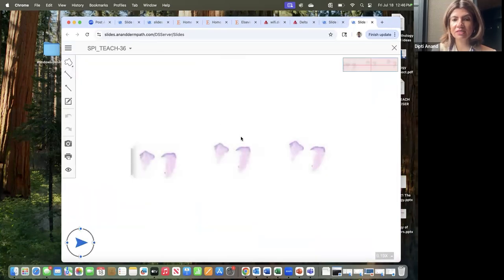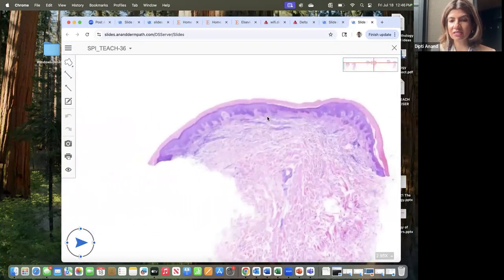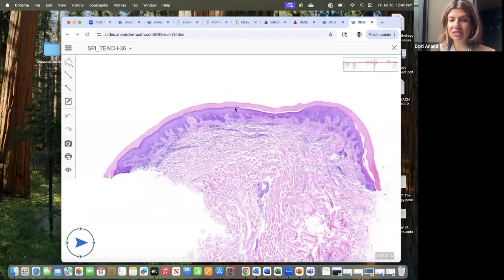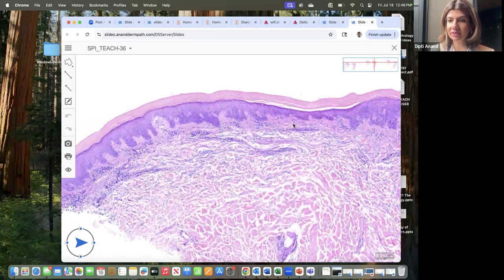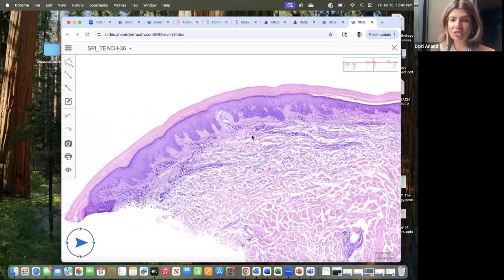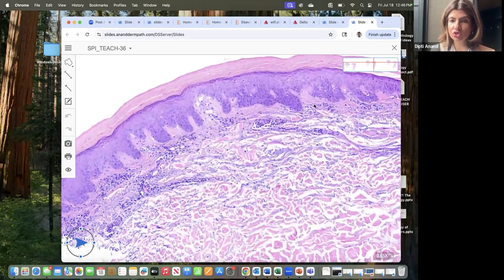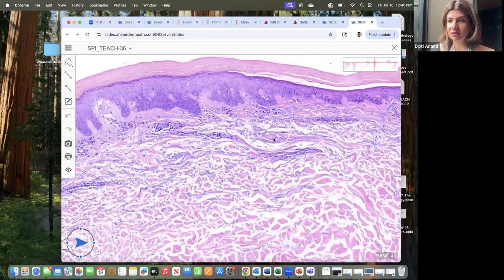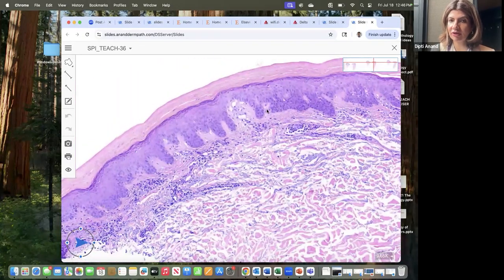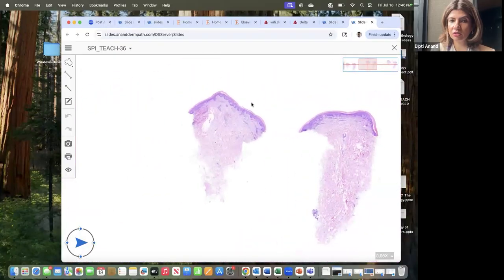So you can see in here, this is a psoriasiform pattern, but you see that there is a bright pink cornified layer, which is out of proportion to the degree of the epidermal thickening, right? So you see there are more rounded rete ridges and the suprapapillary plates are thicker. And you have a bright pink cornified layer, right?